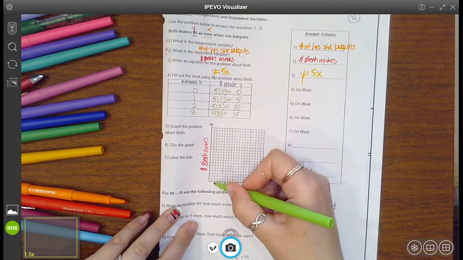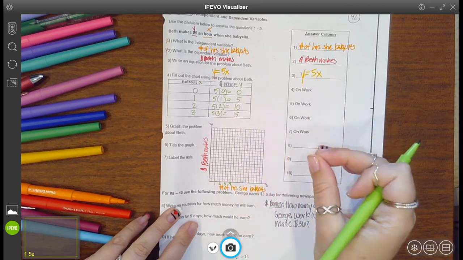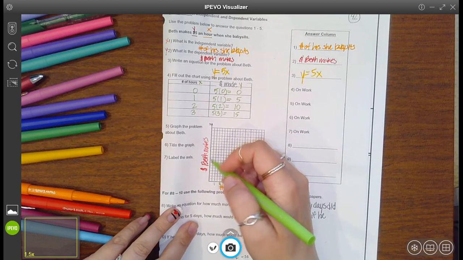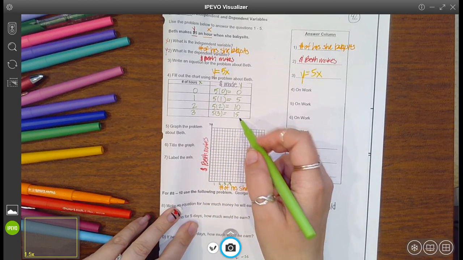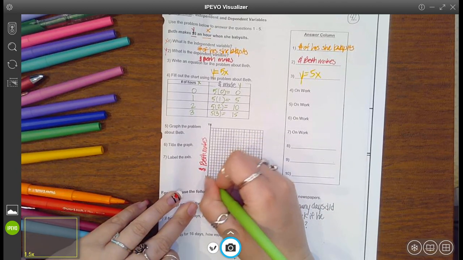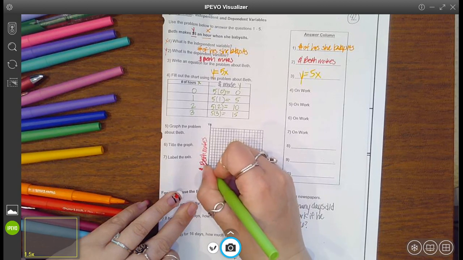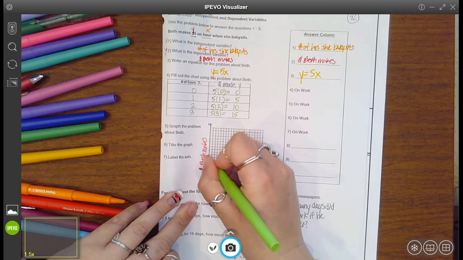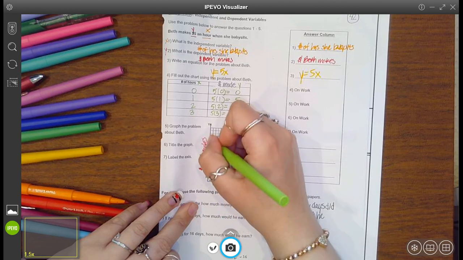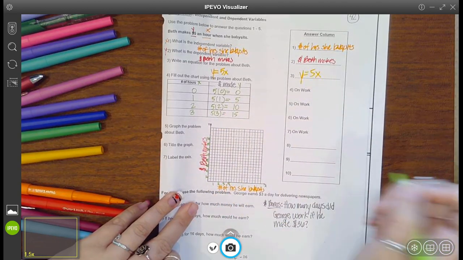I just went over every other one just so that it wasn't so crammed. And then this one, I could definitely just count by ones, but I'm going to label every other one. So 1, 2, 3, 4, 5, 6, 7, 8, 9, 10, 11, 12, 13, 14, 15, and 16.